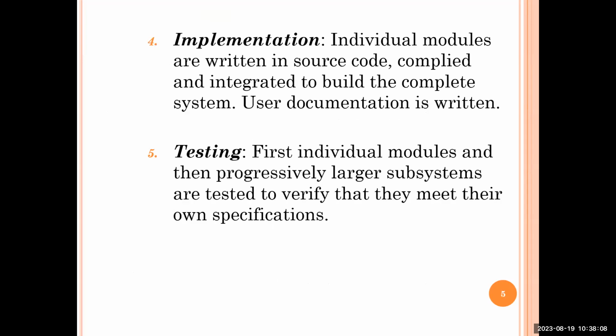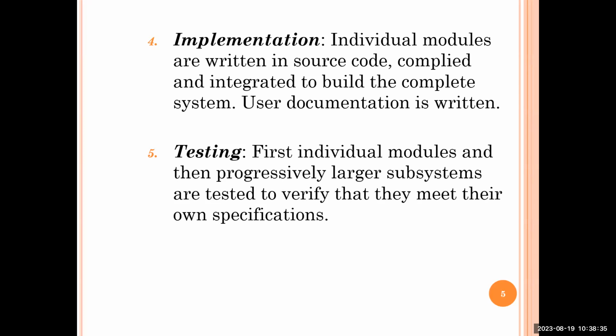After design, we come to implementation. That is where individual modules are written in source code, compiled and integrated to build the complete system. So this is the stage that programming comes into play, that is, writing of the source code.